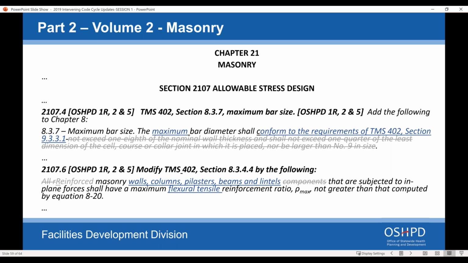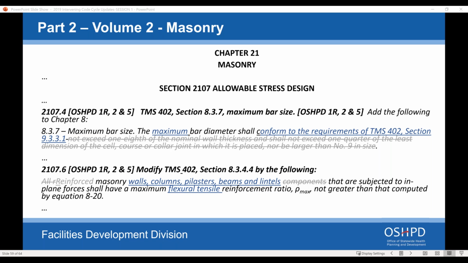Yeah, and this was related to maximum bar size, 2107.4. Initially we had that bar size cannot be greater than number 9, and then there was a comment about that, because there is now actually a conflict between what the allowable stress design section of TMS says and what the strength design section of TMS says.